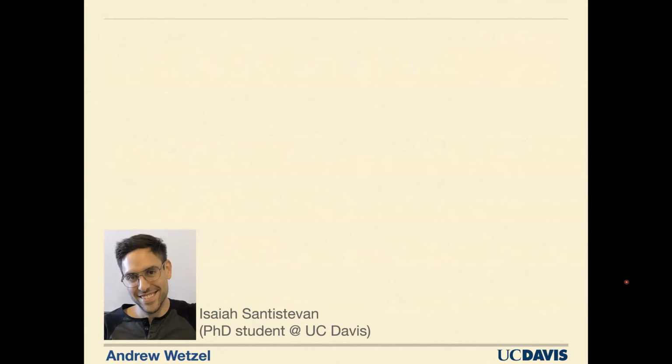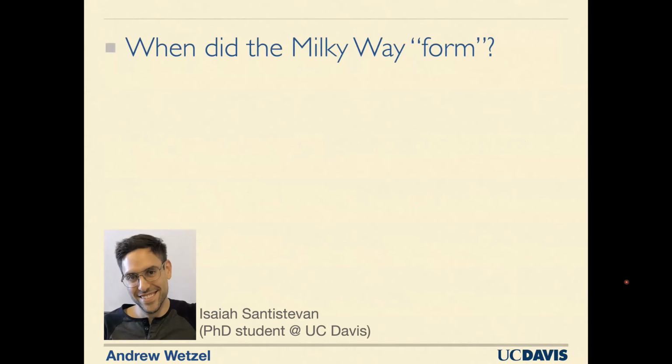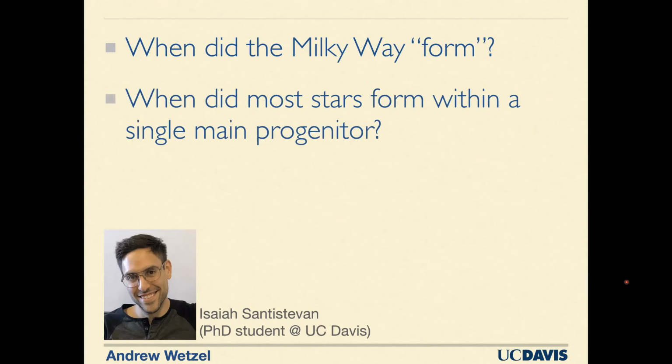Some very basic questions you might want to ask about even how to think about Milky Way formation history is, when did the Milky Way form? And what exactly do you mean by Milky Way form, right? There's a lot of different definitions here. So one question we wanted to address, especially if we're trying to use the stellar record today to understand the formation history of the Milky Way going back almost 14 billion years, is when did a single Milky Way emerge from that sea of dwarf galaxies you saw at the start of my movie?